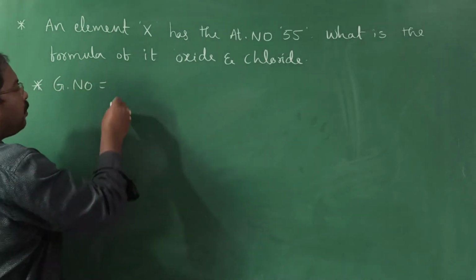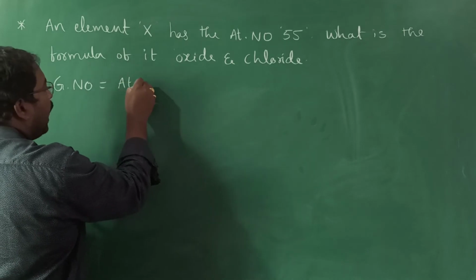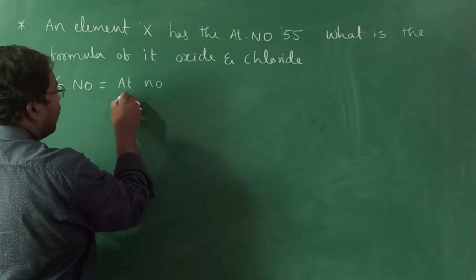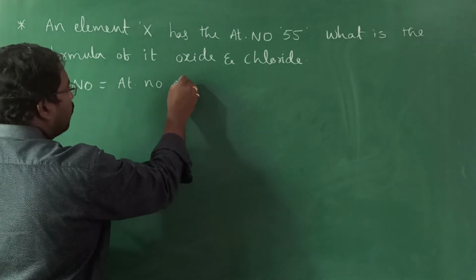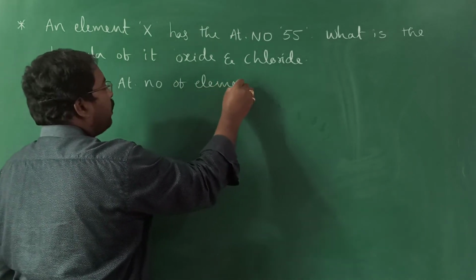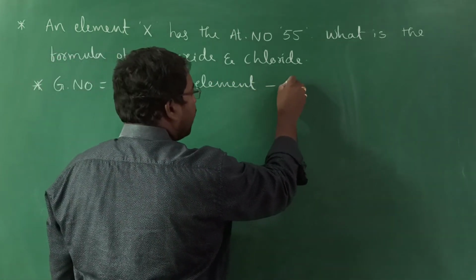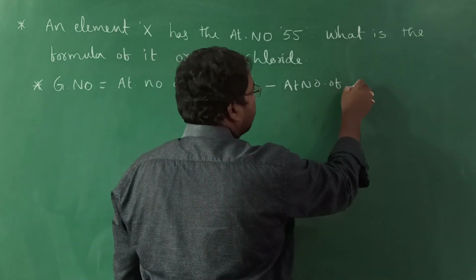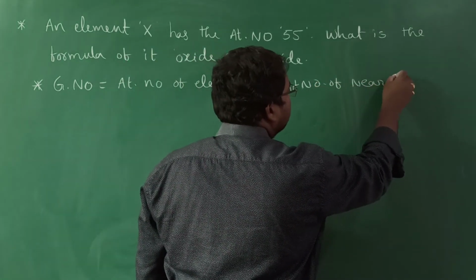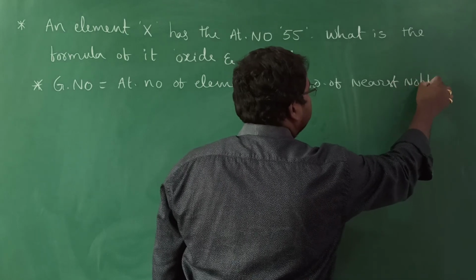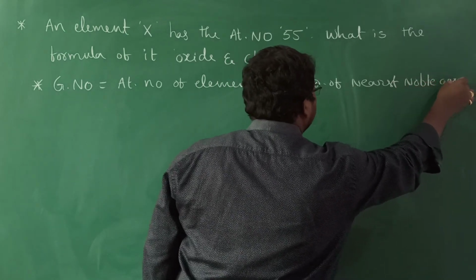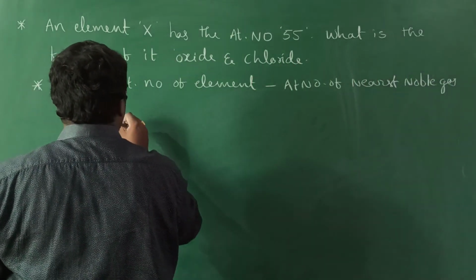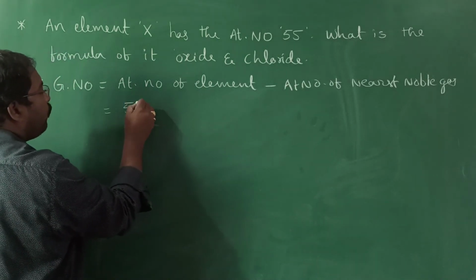What is the trick or what is the formula we discussed? Atomic number of the element minus atomic number of nearest noble gas. Okay, what is the atomic number? We have 55.